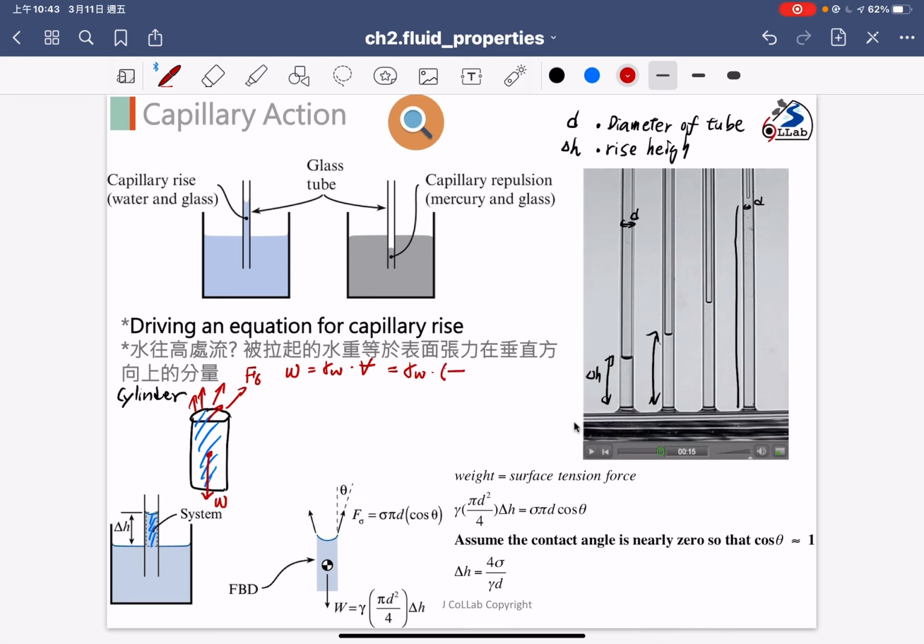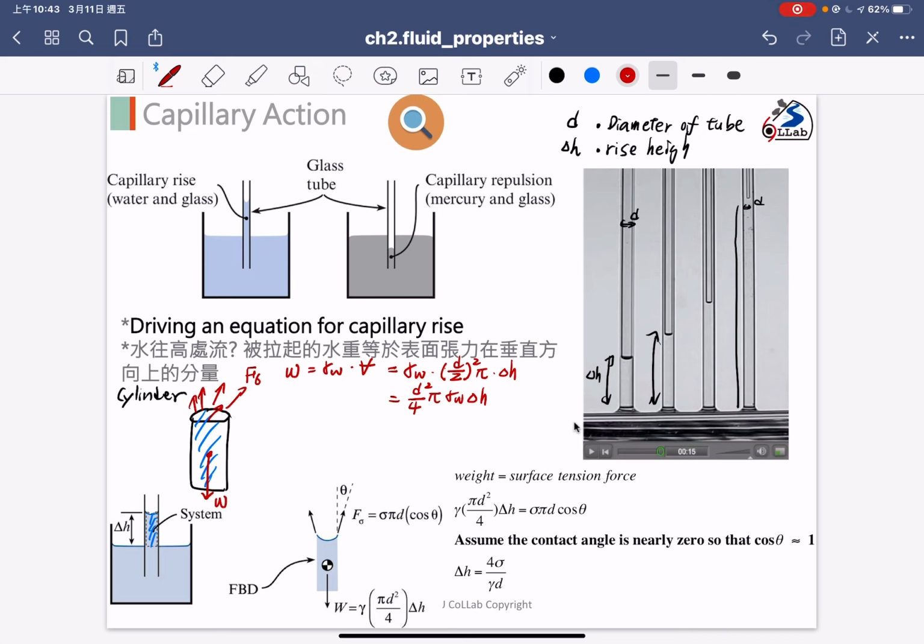We know the diameter is D, so half the diameter squared times pi is the circle area, and multiply by delta H. This is the volume of the water column. So we can reorganize the equation: this is the pi D squared over 4 times gamma W times delta H.